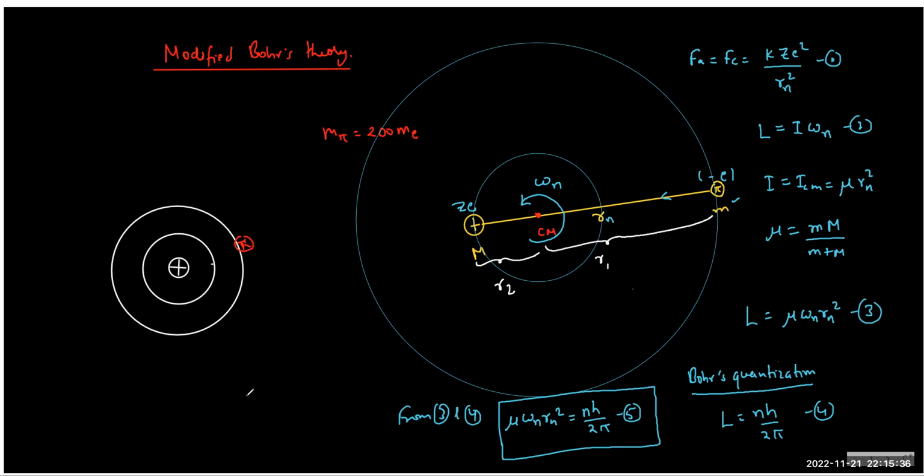You know how to find the center of mass for the two masses. What is R1? R1 is capital M by M plus capital M into Rn. Correct. So R1 is sufficient. You can also write R2, which is small m Rn by M plus capital M.